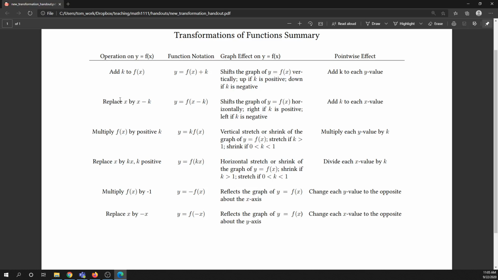Here they are in words. This is what it would look like in function notation. This is the effect that it has on the graph as a whole, and then these are the pointwise effects.